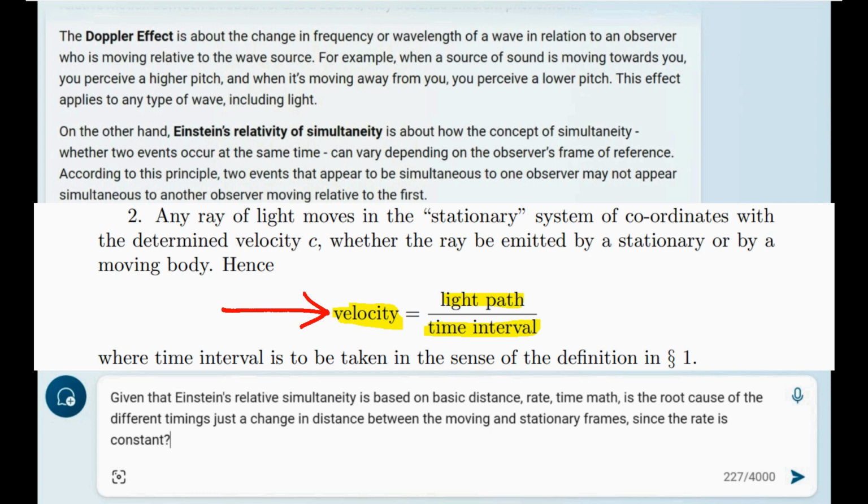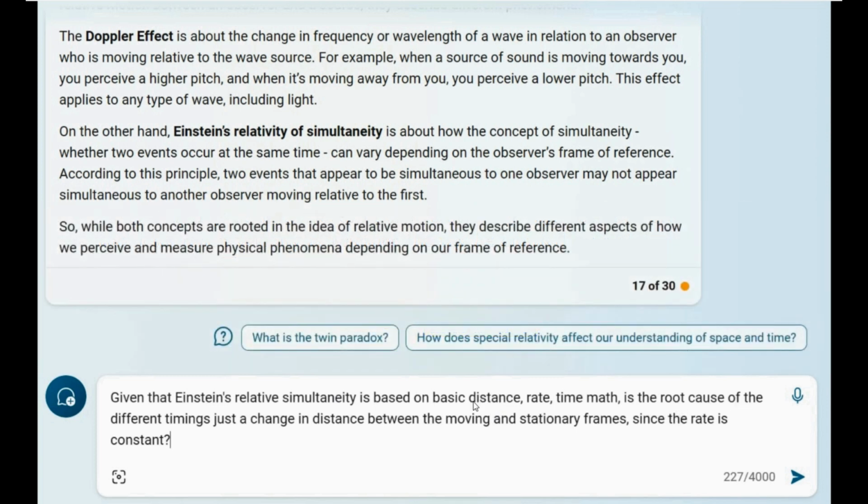So the velocity of the rod is constant, and the velocity of light is constant. So the rate stays the same. Now, to get different timings, this must change. So, is the root cause of these different timings just a change in distance between the moving and stationary frames?